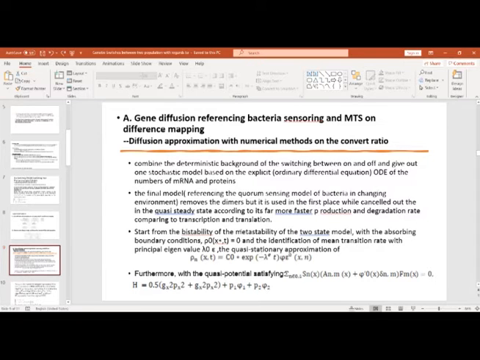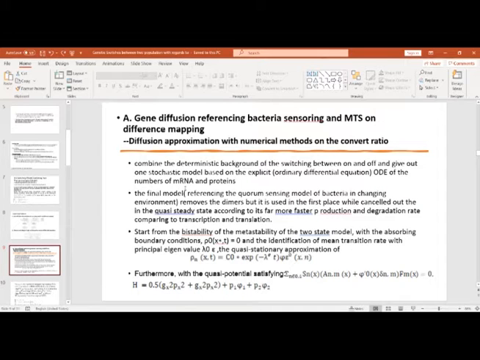Mainly, on the solution of the diffusion process, we start from the bistability of the two-state model and get the initial condition, and the identification of the mean transition rate with the principal eigenvalue, and then get our approximation function.